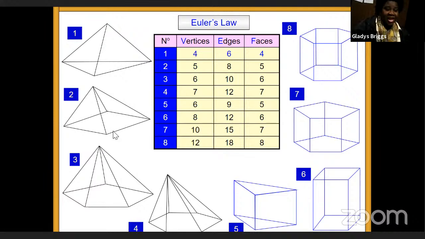And the next one is the number 3 one. It has 6 faces, 6 vertices, and 10 edges. So can you see what is happening here? Can you build any relationship with them? This one has 7 faces, 7 vertices, and 12 edges. But this one has 6 faces, 5 vertices, and 9 edges.